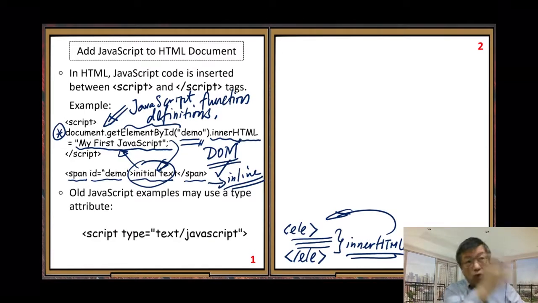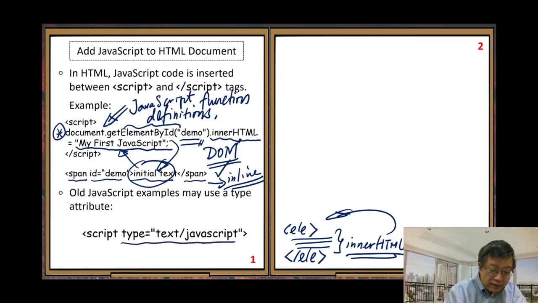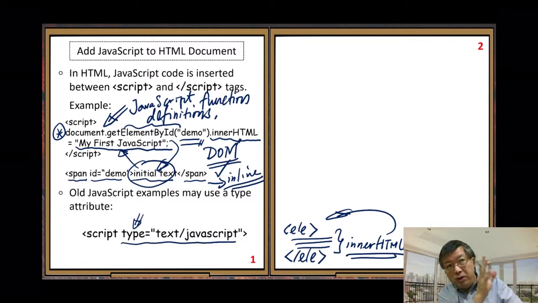Regarding the script tag we use to include JavaScript code, the old way is that we need to specify the type. This is the old JavaScript example. The reason for this type attribute is that when people designed how to include JavaScript in HTML documents, they felt JavaScript was probably just one option.